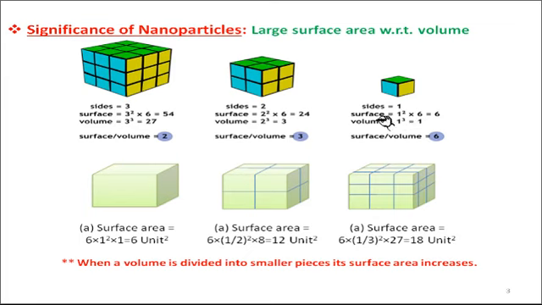So the surface to volume ratio, the surface area with respect to volume, comes out to be 6. Similarly, for this bigger particle, the cube is longer by 1 unit on all sides, so the side is 2 units. Then the surface area will be 24 using the formula 6a square, and the volume will be a cube, so it will be 8.